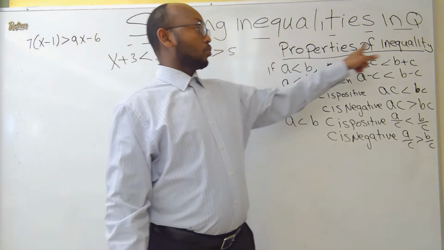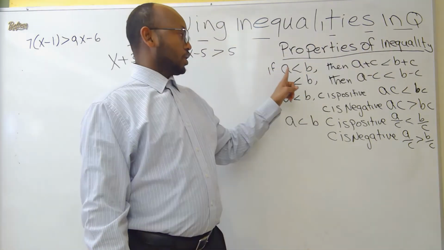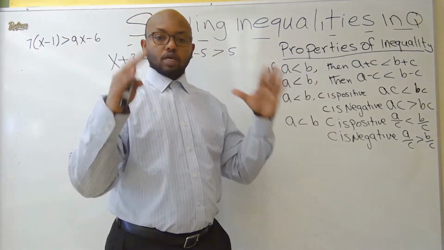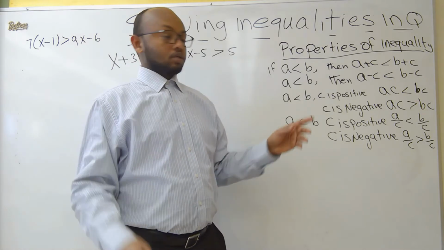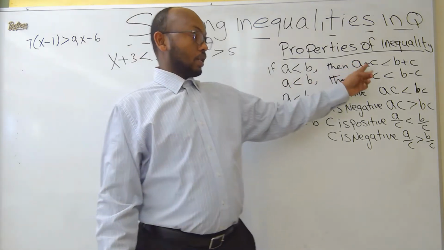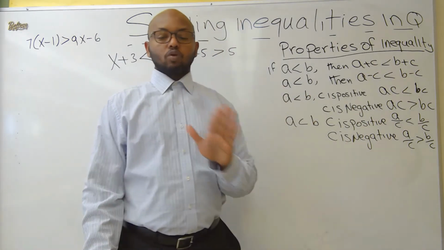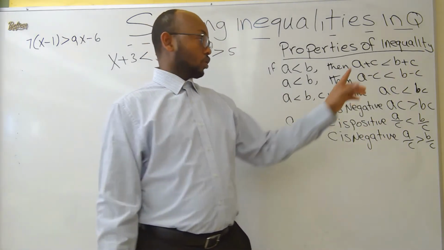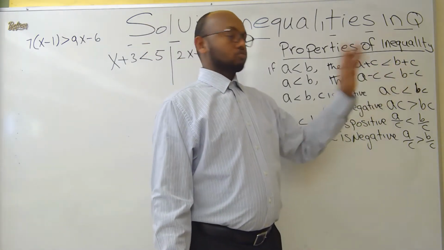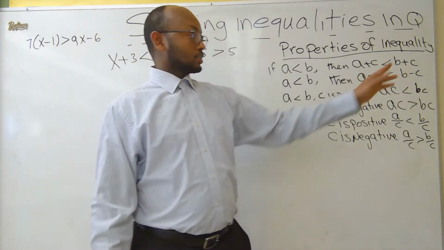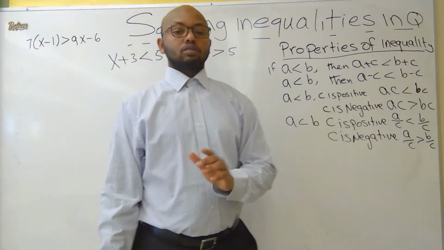So here are the properties of inequality. If a is less than b, and I add another number to both sides, the sign of inequality doesn't change. So add to both sides, and the less than sign stays.